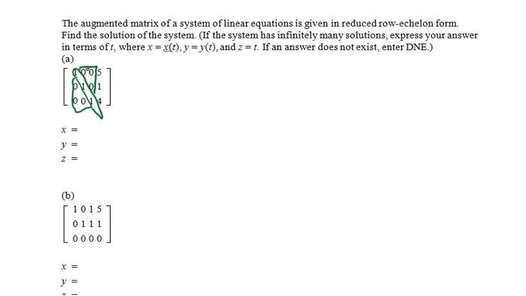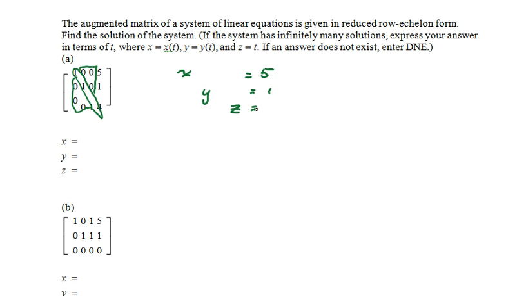And so this augmented matrix actually stands for 1x plus 0y plus 0z equals 5, 0x plus 1y plus 0z equals 1, and 0x plus 0y plus z equals 4.